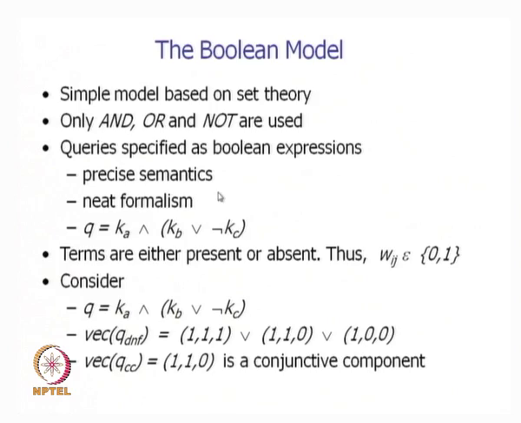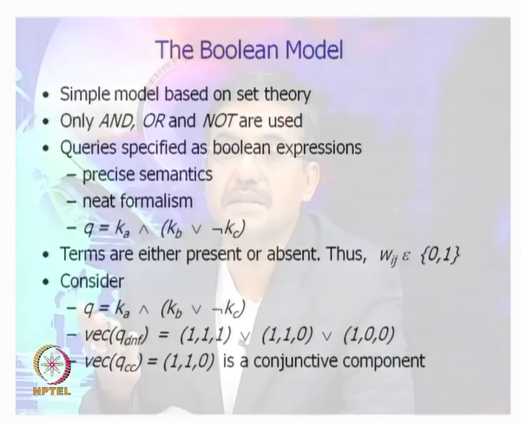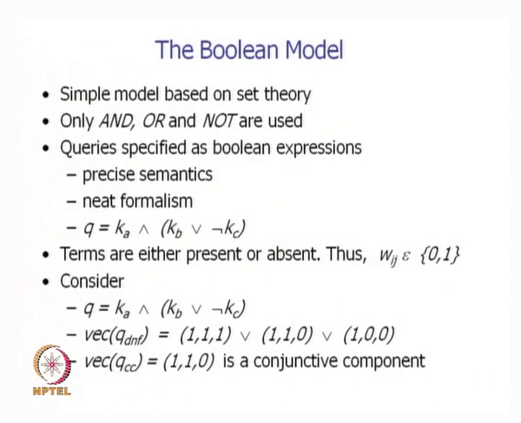The meaning is that give me a document which contains the keyword K1, contains the keyword K2 and does not contain the word K3. So, this is the meaning of the statement here, that the Boolean model gives rise to precise semantics. The formalism is neat. We simply have the and, or, and not operators, and the propositions, so to say, are the presence or absence of the keywords.